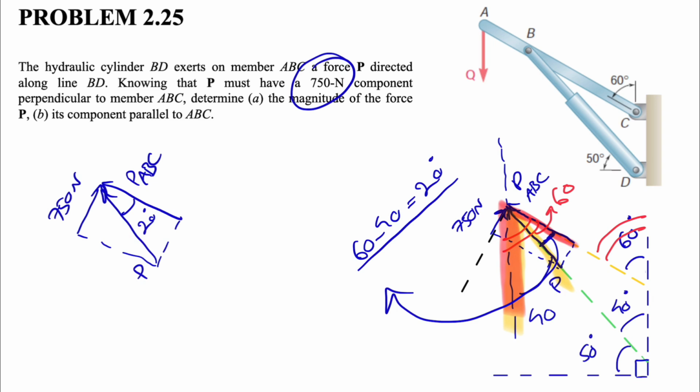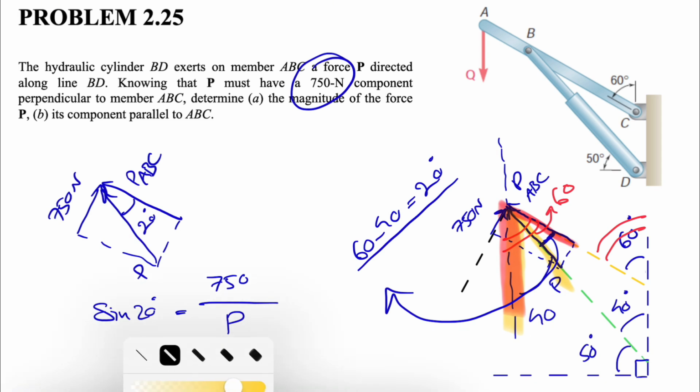The rest of this is pretty simple, because if we want to find the PABC, we simply have sine of 20 degrees, which will have the opposite, which is 750, divided by hypotenuse, which is P. So we are looking at this right triangle that I'm highlighting in yellow. We can go with the other one too, so it really doesn't matter.